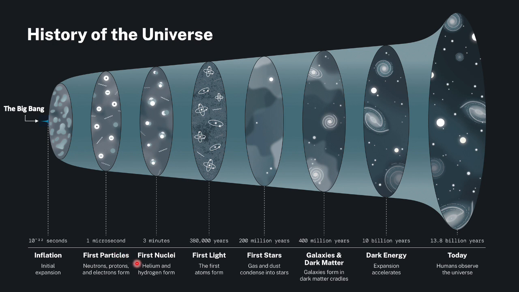Next are the first nuclei forming from the first particles. We then have the first light, where the first atoms form, the first stars forming, those stars forming whole galaxies in these dark matter cradles, and then dark energy defined by accelerated expansion, which continues into today with humans observing these phenomena.